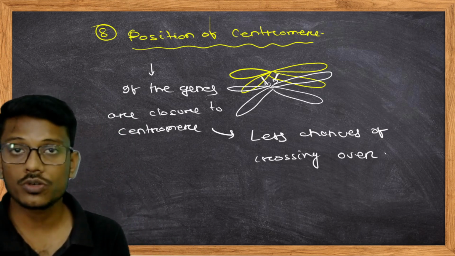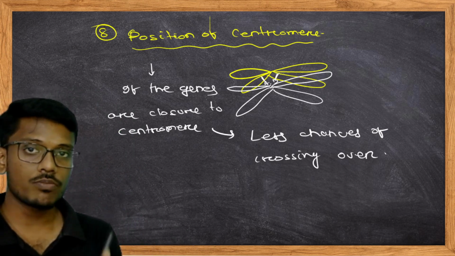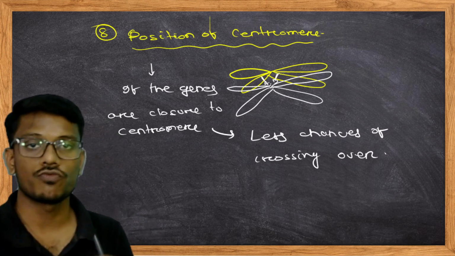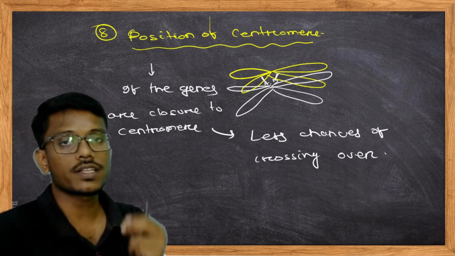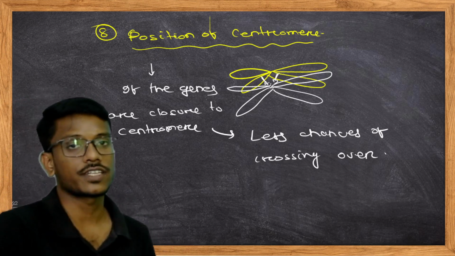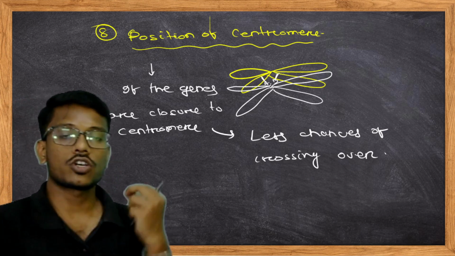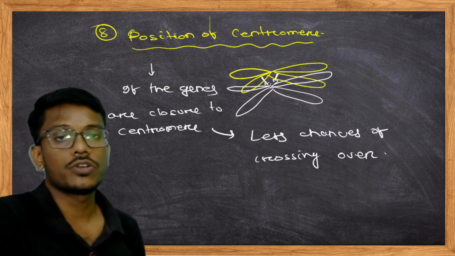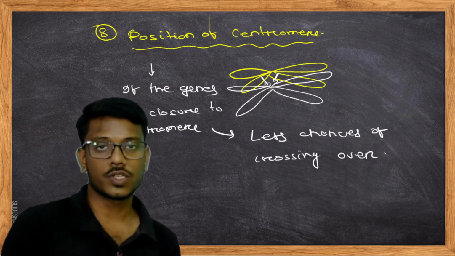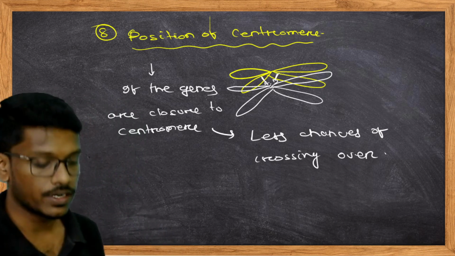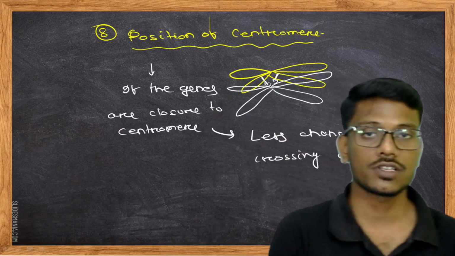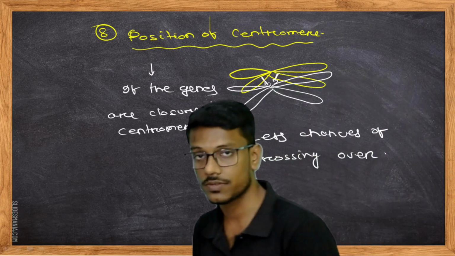That is meiosis. During meiosis, crossing over occurs in meiosis 1. In meiosis 1, there are karyokinesis 1 and cytokinesis 1, and crossing over occurs during karyokinesis 1. In karyokinesis 1, there is prophase 1, then metaphase 1, anaphase 1, and telophase 1. In which stage does the crossing over occur? That is in prophase 1.